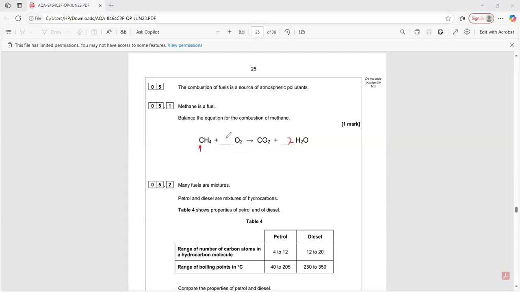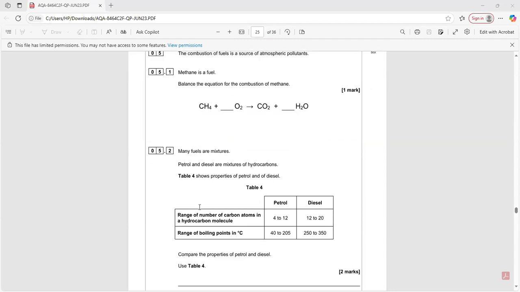Oh, excellent. Yes, you're correct. A 2 on this end. Okay, that makes it complete, right? So that's 4. 2 plus 2, 4, 4, 4, 1, 1. Excellent. Okay, nice job. Well done.